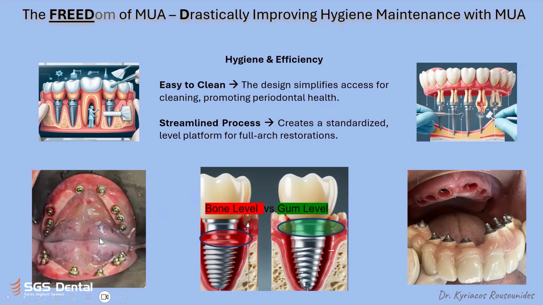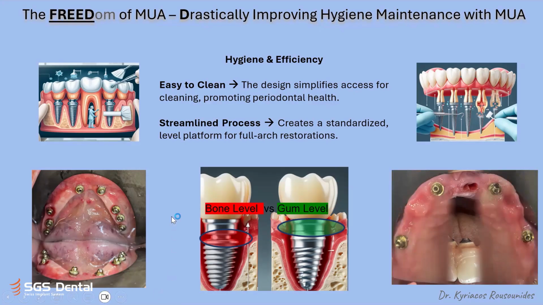We've counted once how long we need to remove a hybrid prosthesis with 6 implants in the upper and 6 implants in the lower jaw, to clean them in the ultrasonic and put them back, cleaning the implants at the same time. It's about 15 to 20 minutes to remove and insert them back. This is again the all-on-4.